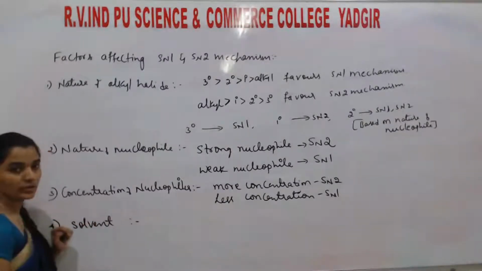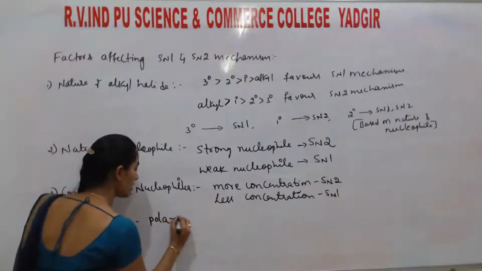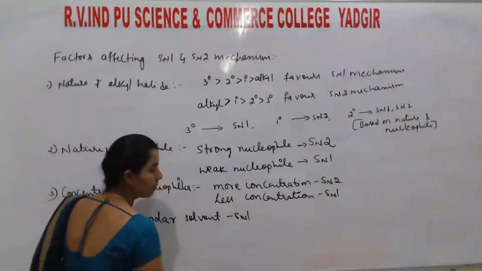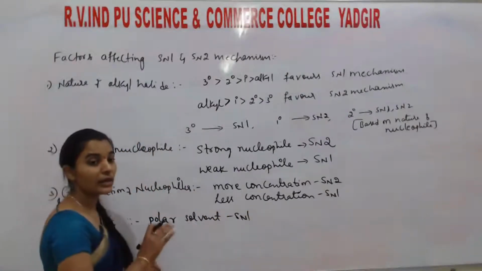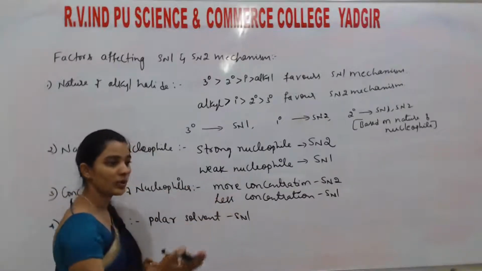Nature of solvent. If it is a polar solvent, students, then it undergoes SN1 mechanism, because we want a clear nucleophile. Like if KOH is there, K plus and OH minus.